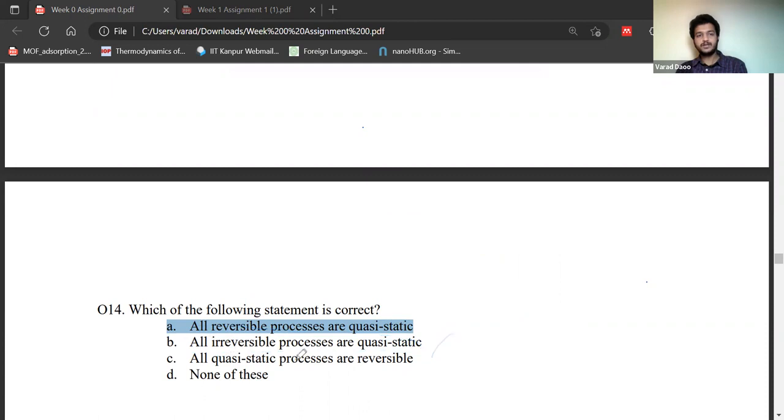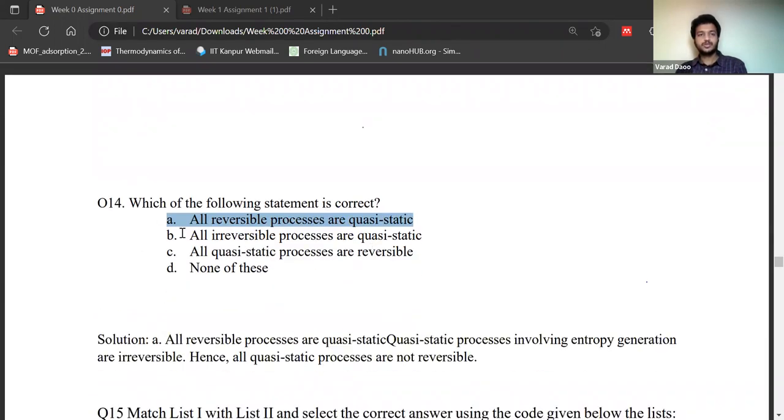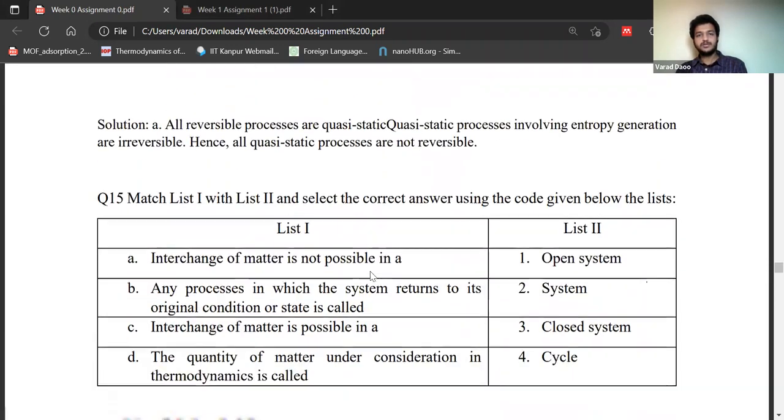We can have it, but it is not a necessary condition. All quasi-static processes are reversible processes. This is not true. All reversible processes are quasi-static processes, but not all quasi-static processes are reversible. So this is correct. However, this is not correct. Okay. So the option is option A. Okay. Anybody has any question?